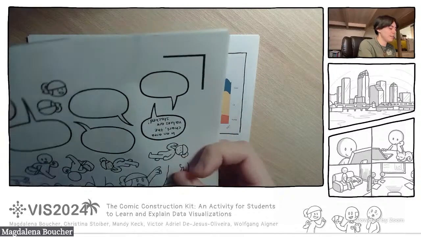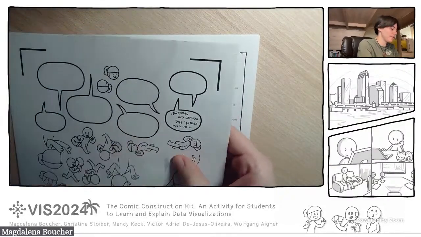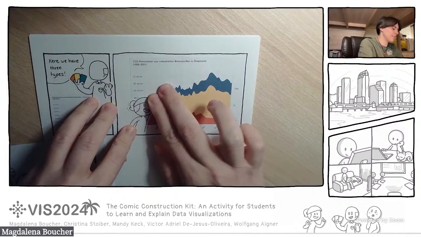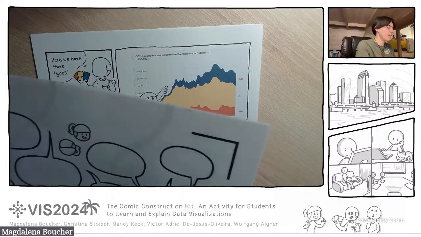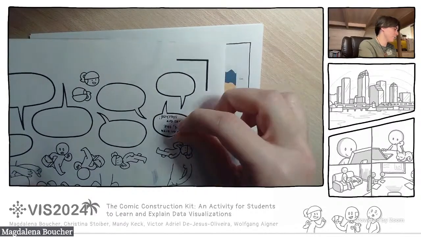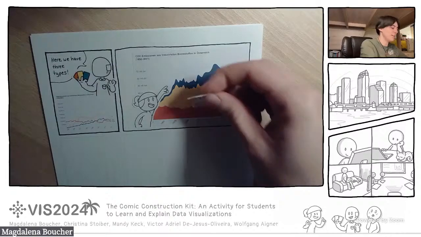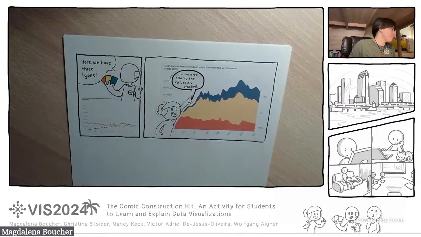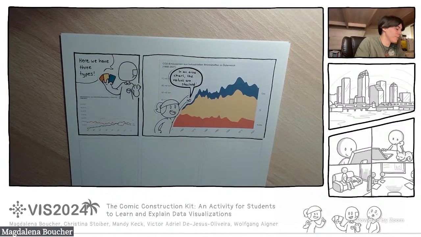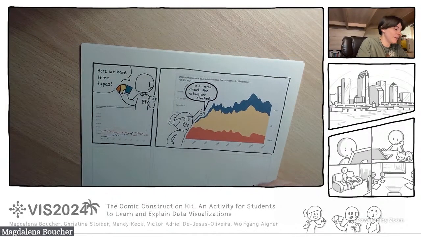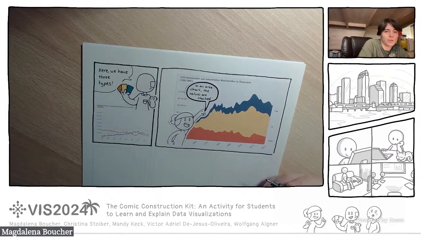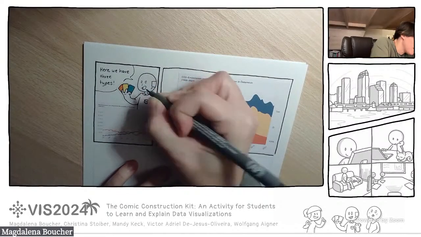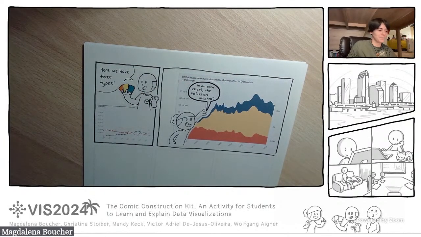So I can take a sticker, for example, this one that just nicely points to something, and put it here on the chart and say, there's a peak. And maybe I can even take a speech bubble that already has text written on it and put it here on the chart. And maybe you've noticed that some characters don't have faces. That's because depending on the situation, you might want to draw your own faces for your characters. So you could just go ahead and make a face for your character.